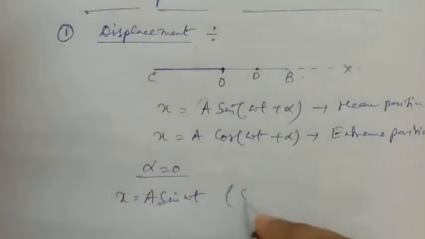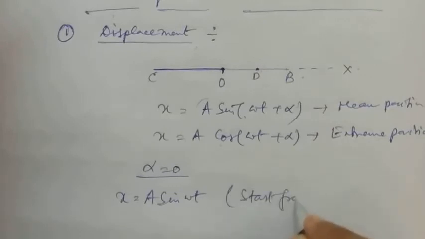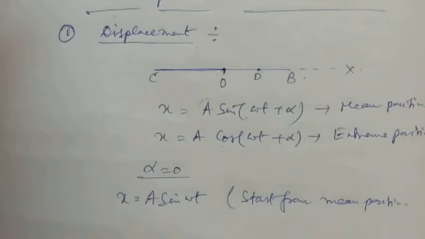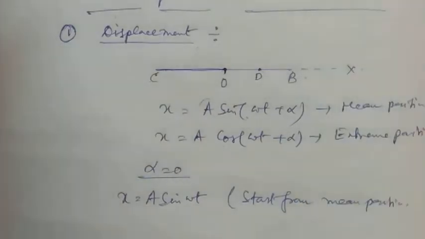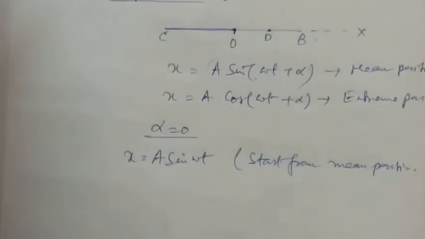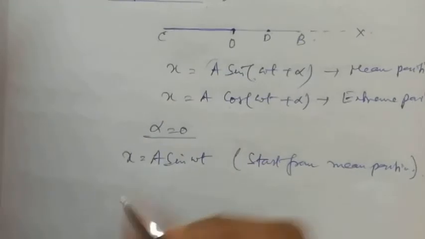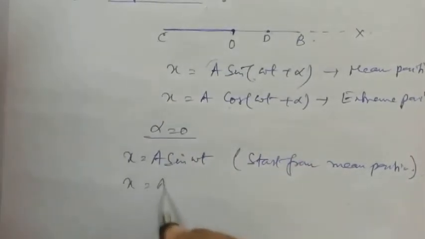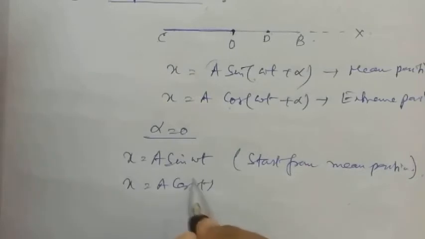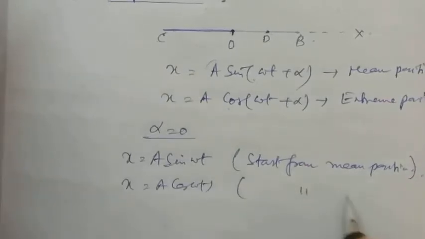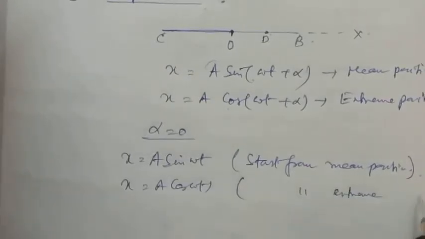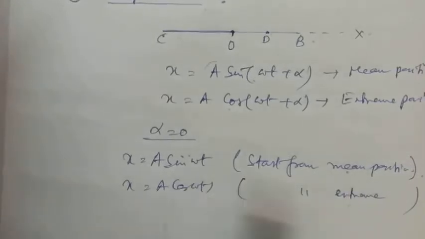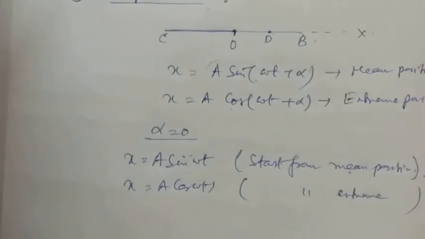Or you can do it in this way also: x is equal to a cos omega t. That means it will start from the extreme position. Start from the mean position is a sine omega t, start from the extreme position is a cos omega t.